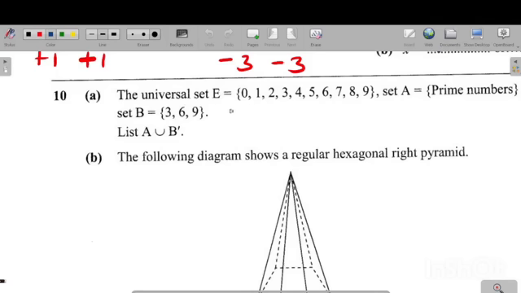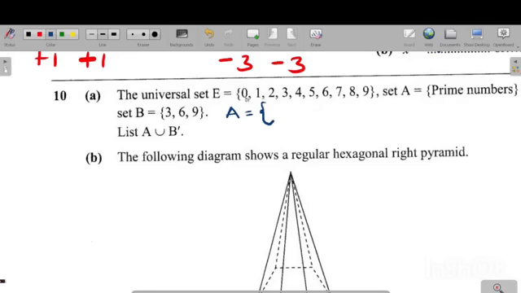So first of all, let's list set A. So set A, they are saying they are prime numbers in the universal set. Now, what is a prime number? A prime number is a number that has two factors only, one and itself.